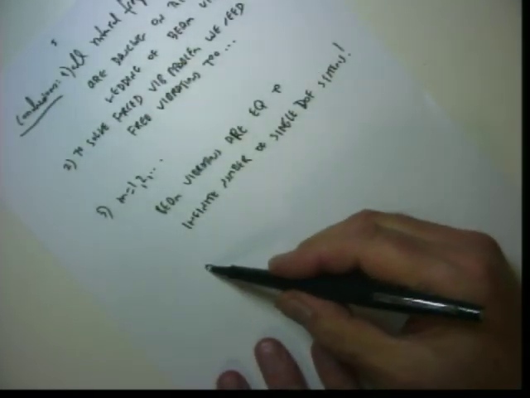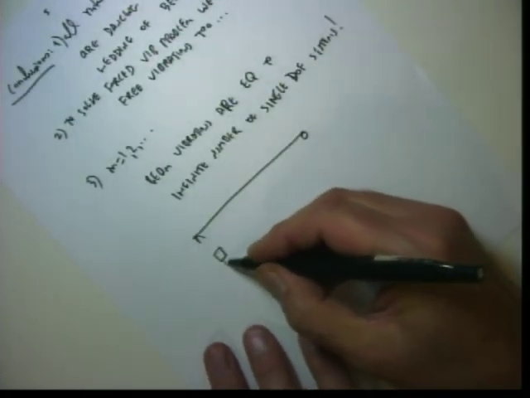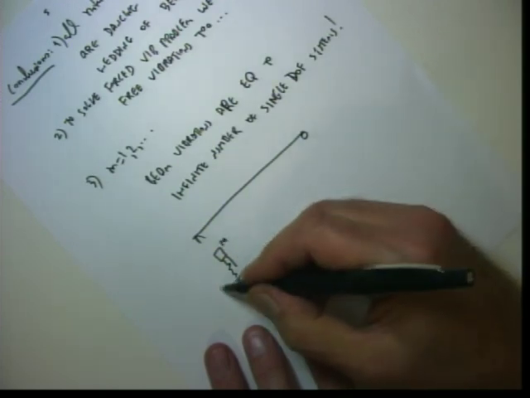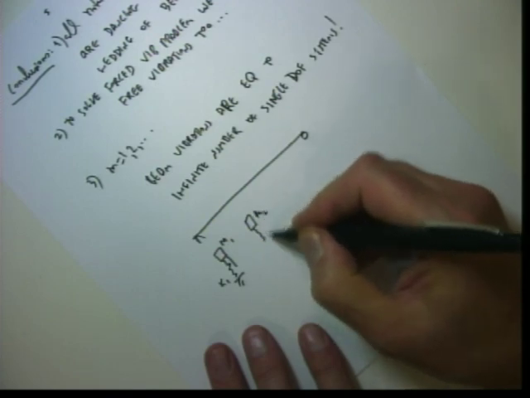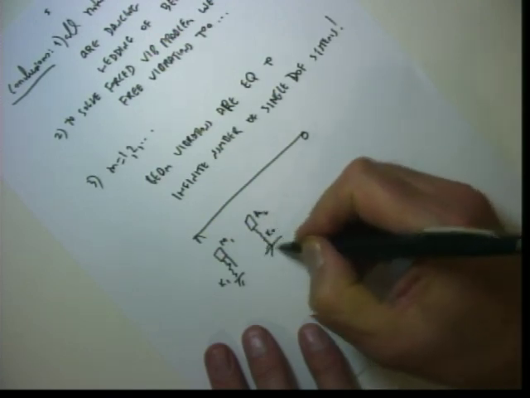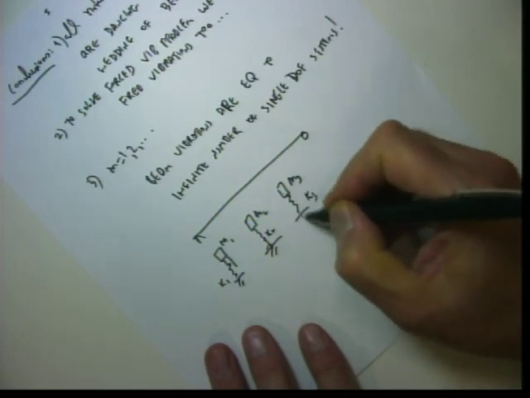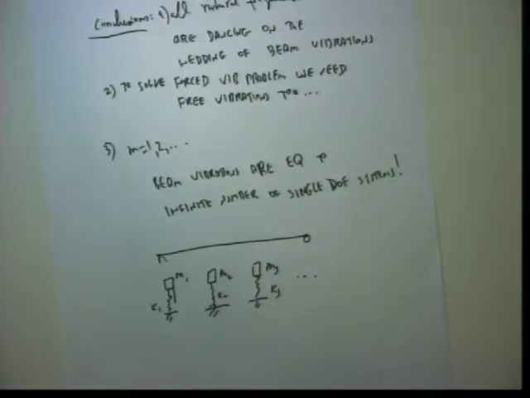For each m, this is 1 degree of freedom system. So, what we can say is that this beam is actually equivalent to masses like this: m1, k1, then m2, k2, then m3, k3, etc. Many things like this together.